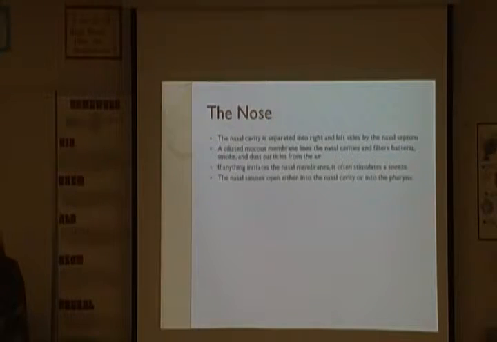Okay, anyway, the sinuses. There are also these sinuses in the area of your nose. These nasal sinuses are air-filled cavities, but they open into the nasal cavity or into the pharynx, which we will talk about in just a moment.